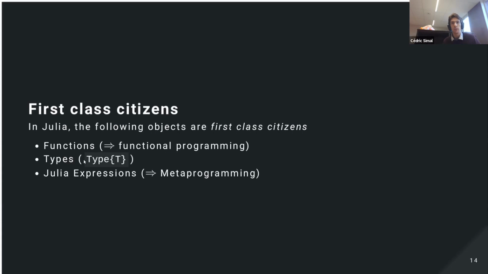Types are also first-class citizens. If you have type T, this expression is the type of type T. So you can also work directly with the types of your variables in your code. And finally, this goes back to my comment about Julia being secretly a Lisp. In Julia, expressions themselves are first-class citizens.